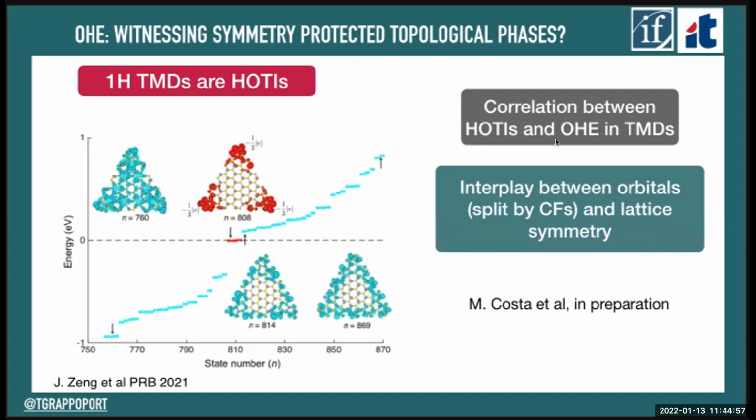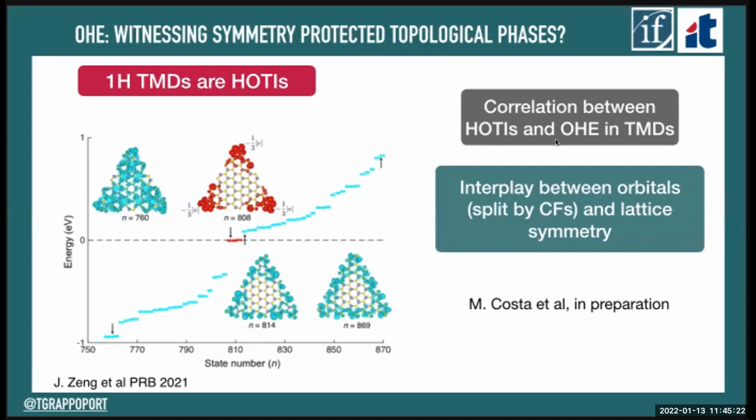For a long time, the topology community missed that the 1H TMDs are in fact higher-order topological insulators that are characterized by corner states in the armchair edge. And this is something that appeared in at least two papers last year.